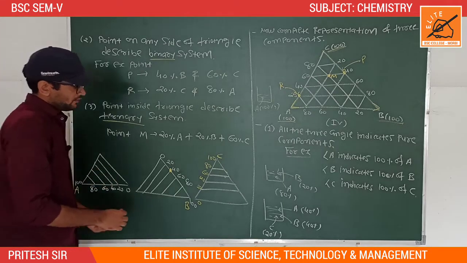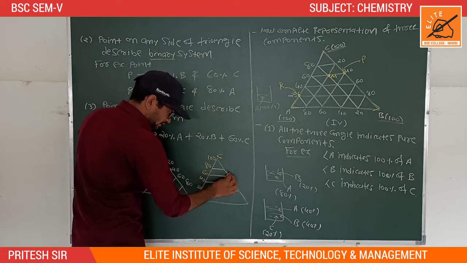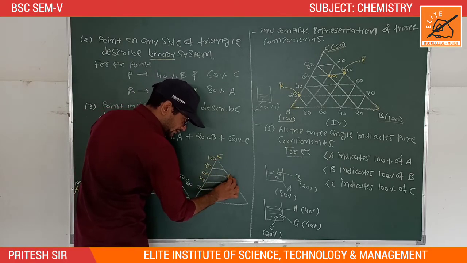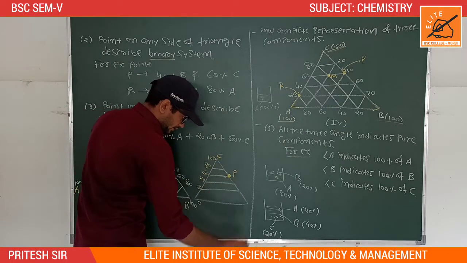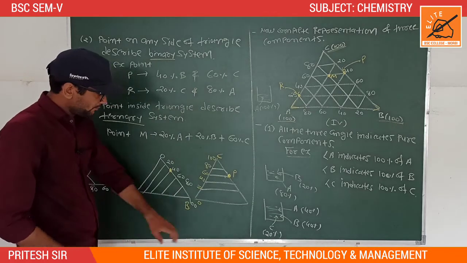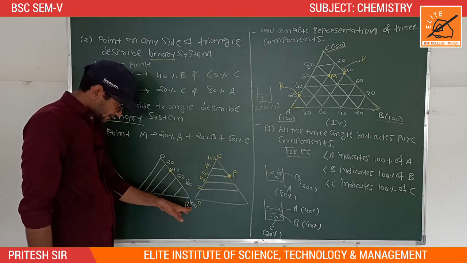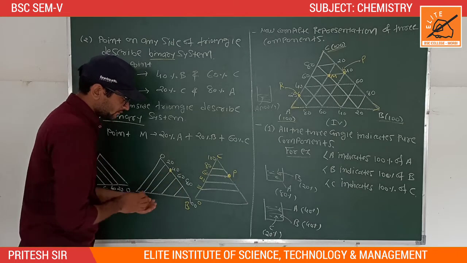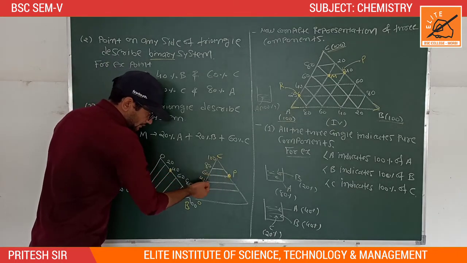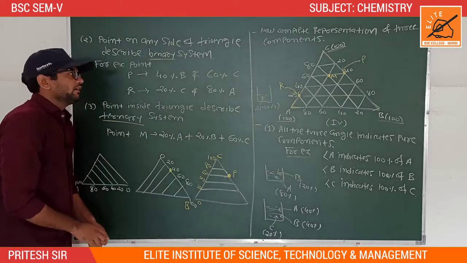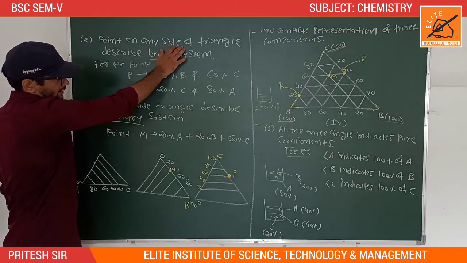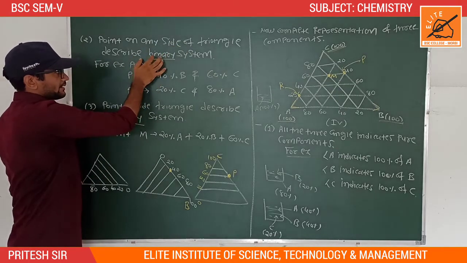And in C, this point indicates point P. So the composition of P is 40% of B plus 60% of C.